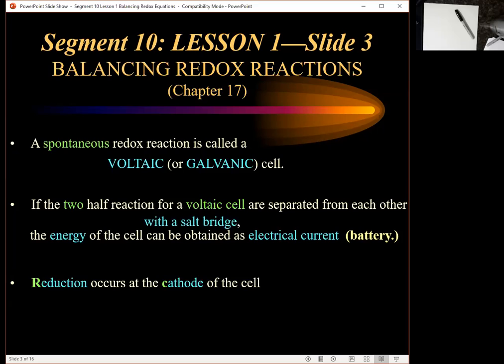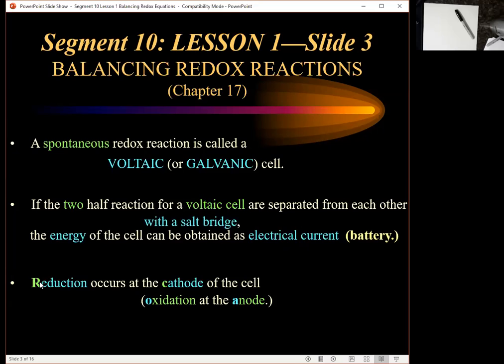Well, that is true, but you can't say the cathode's always negative or always positive. The key is reduction occurs at the cathode of the cell. In whichever beaker reduction is taking place, that's the cathode of the cell. And the anode is the other one. Oxidation occurs at the anode.